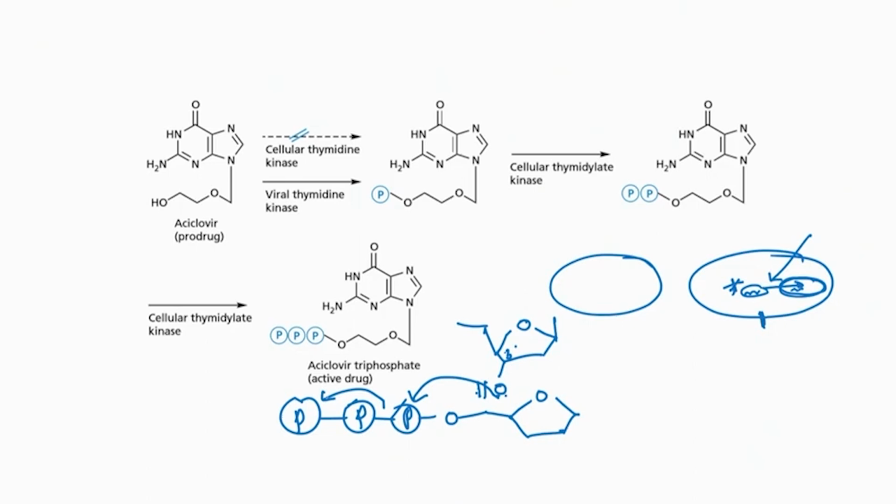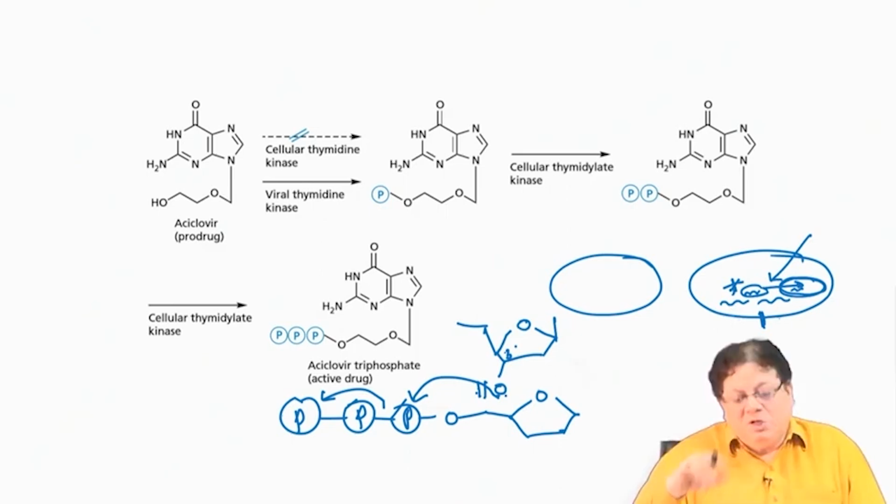Okay. So, now suppose we talk about the DNA which is not integrated, which is released but not integrated with the host DNA. Now, what will happen? This DNA has to be copied. Okay.